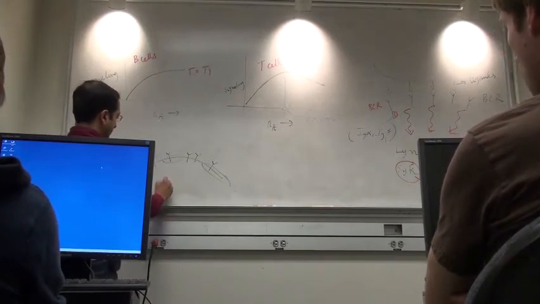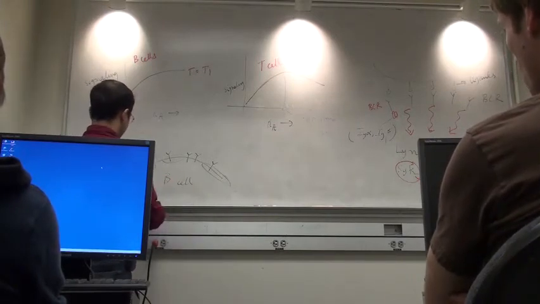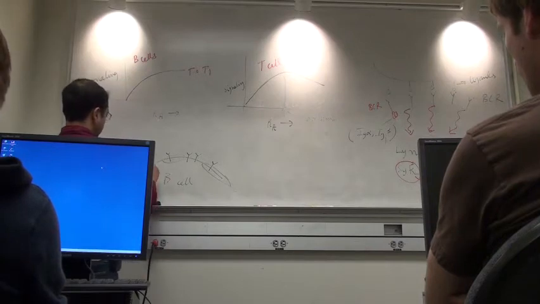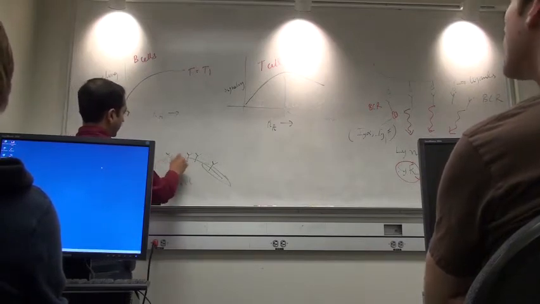So on a B cell, you can imagine you have these shaded regions and small domains.